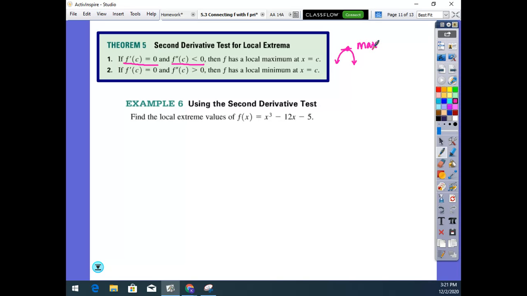There is a max at that point. There's times I don't think about using this, but there are times this is very easy to use. You have to just recognize that you want to use it. The second part said 0 slope and greater than 0, which is concave up, that would be a minimum.